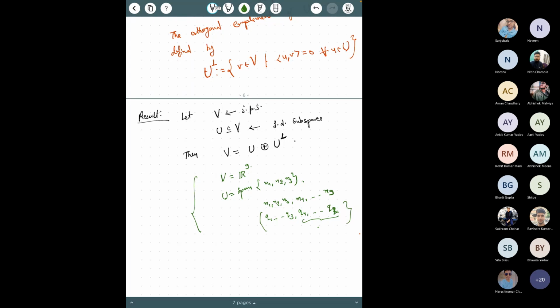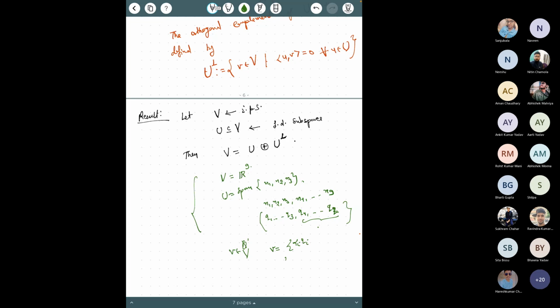So every vector V in the vector space can be written as the sum of alpha i Qi, i equal to 1 to 3, plus beta i Qi, i equal to 4 to 9.